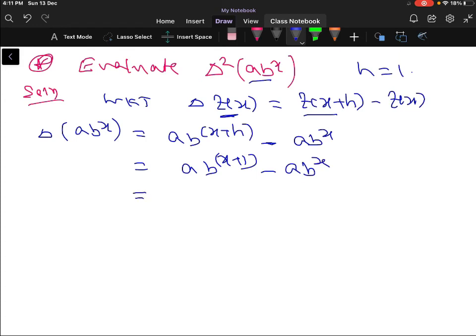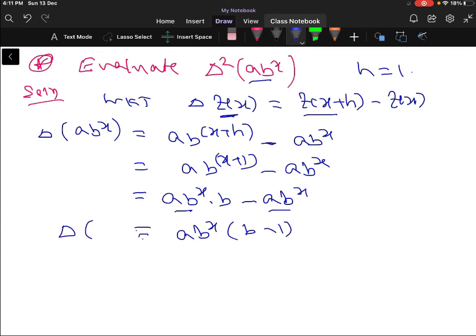This can be written as a into b power x into b minus a into b power x. So a into b power x is common, a into b power x into b minus 1. So that is delta of a into b power x.